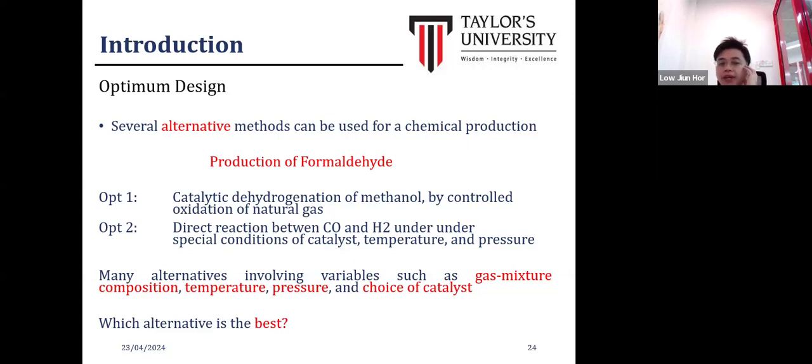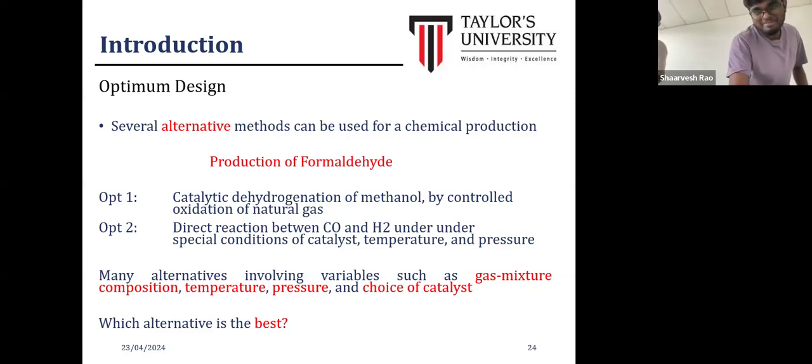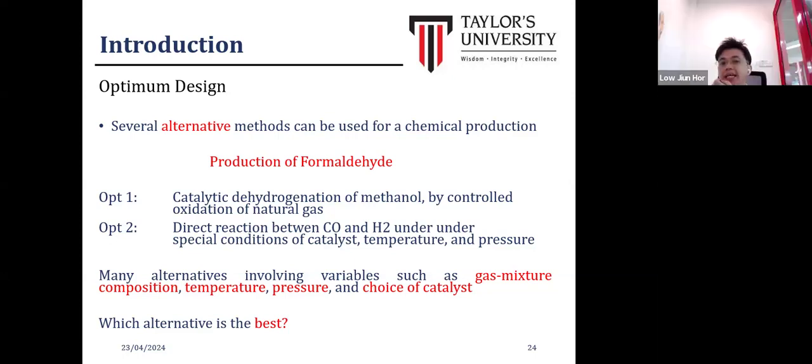How to calculate the gross profit and the economic performance, we will cover in our tutorial too. If all of these processes can generate money and we can gain profit, only then do we proceed to consider other factors. For example, what is the operating temperature involved? Which one is lower, which one is higher? Which technology is complicated? Can the equipment we are going to use be purchased or found in the market?